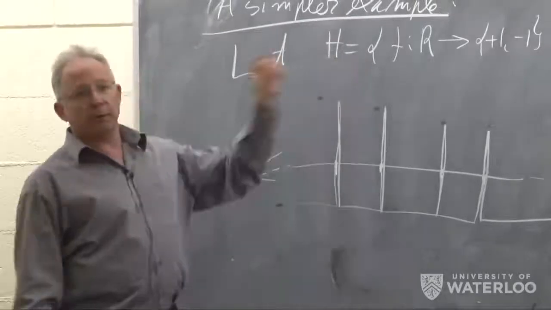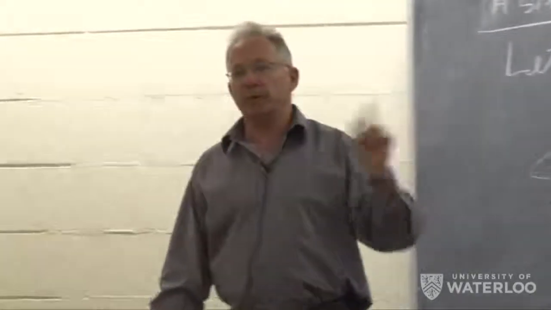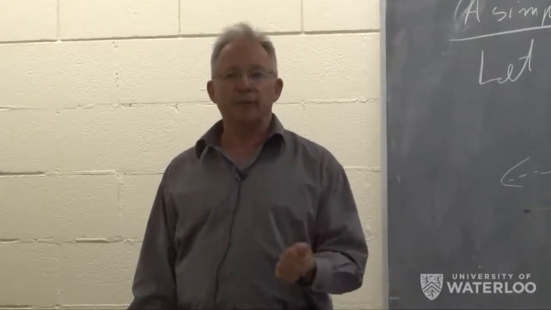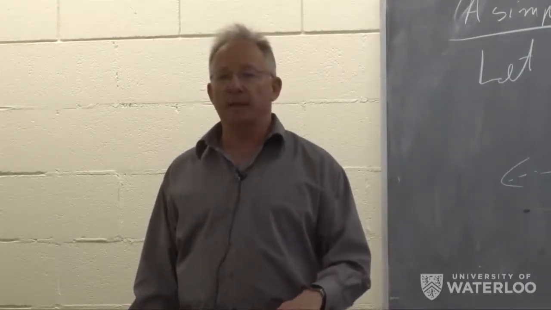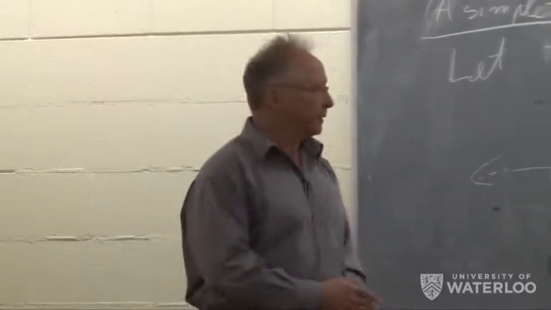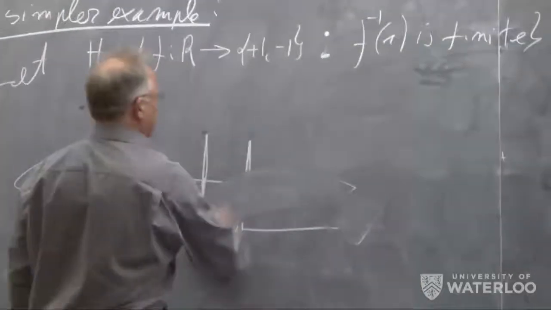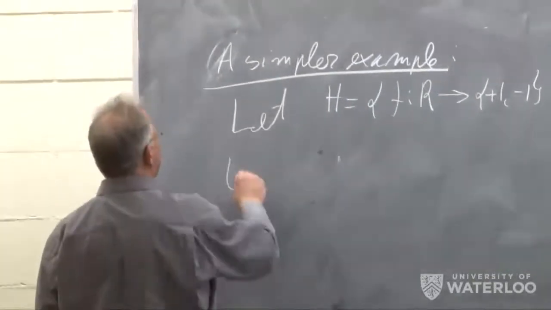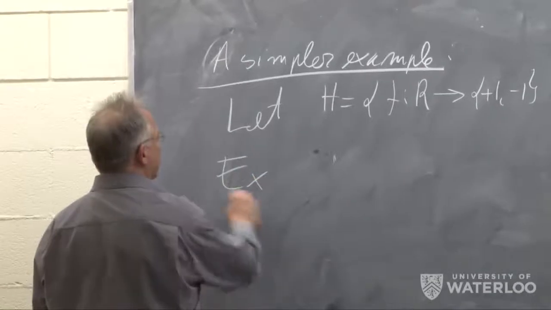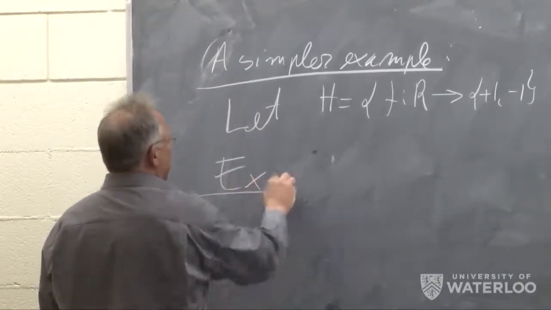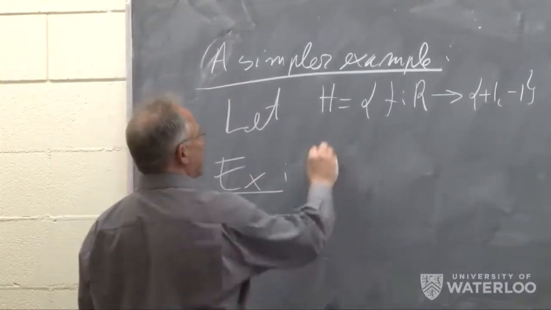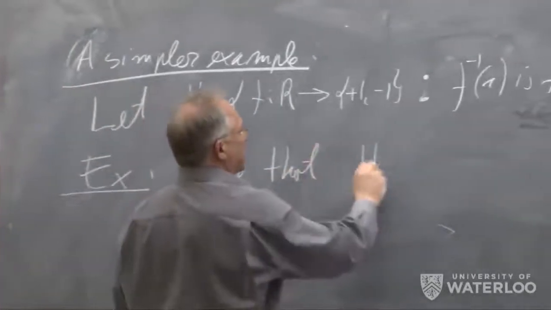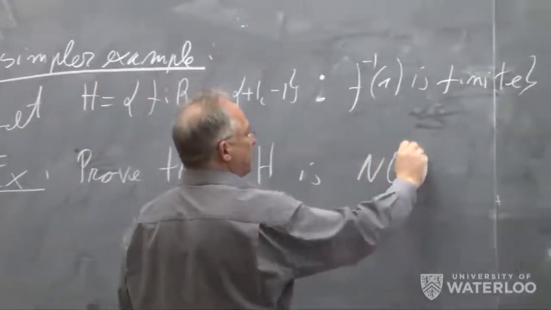And I claim for this set of functions, again I leave it to you as an exercise, show that it is learnable in the non-uniform sense, but it is not learnable in the usual PAC sense. So here is the exercise for you. Again, it should be very easy, but a good test that you are following what is happening here. Exercise, prove that H is non-uniformly learnable.